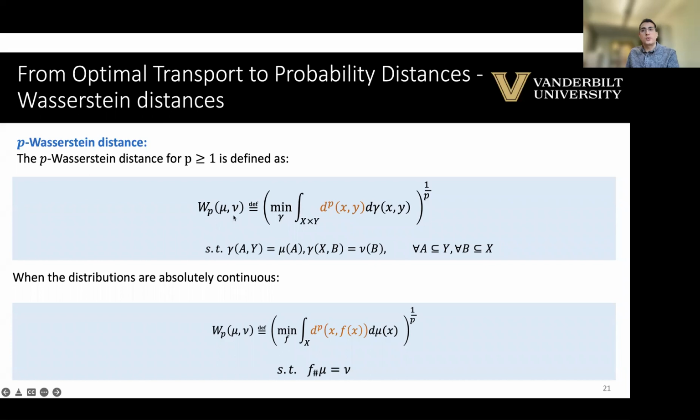So again, what is this optimal Wasserstein distance? This Wasserstein distance is literally the output of our optimal transport map, the expected cost of our optimal transportation map or optimal transportation plan. Right.